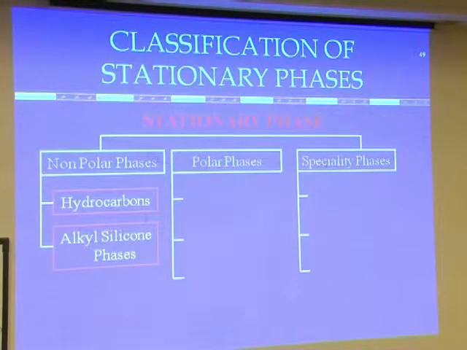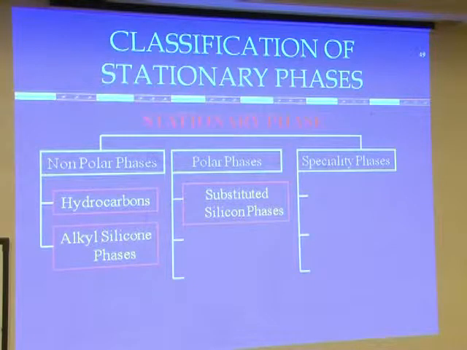Next, alkyl silicon phases, they are also non-polar, and polar substituted silicon phases where polar groups are introduced, therefore they become polar. If no polar substitutes are there, then they are non-polar.